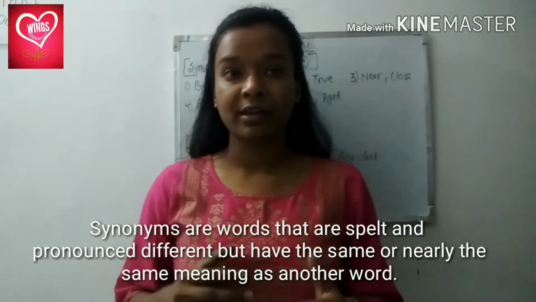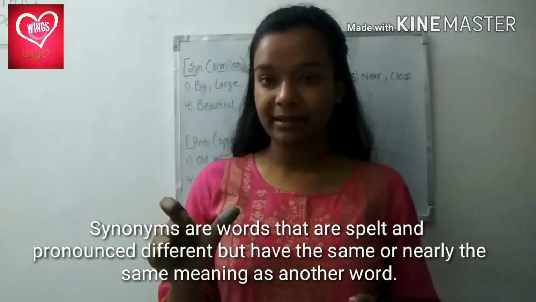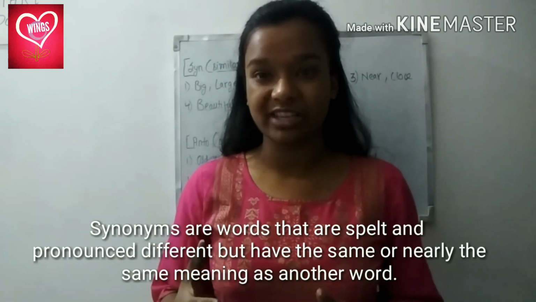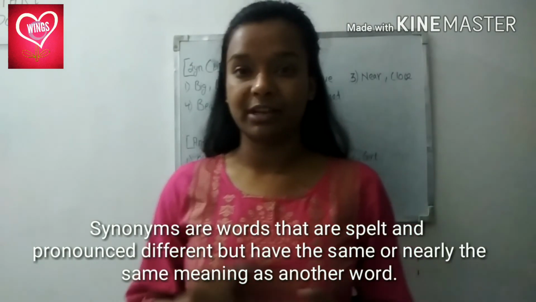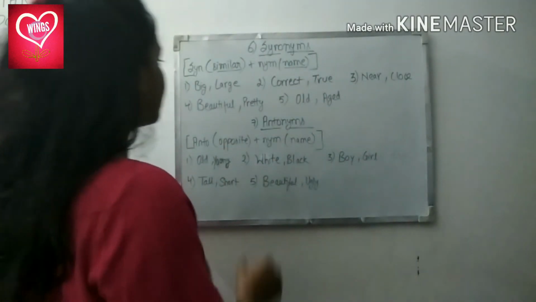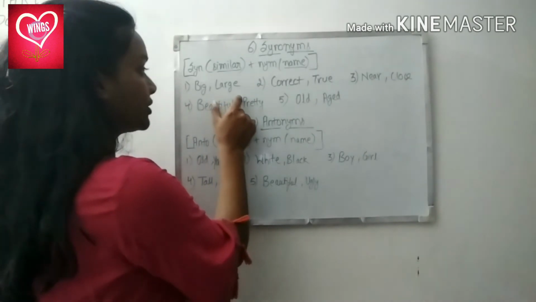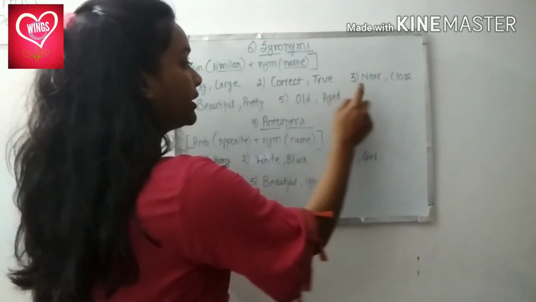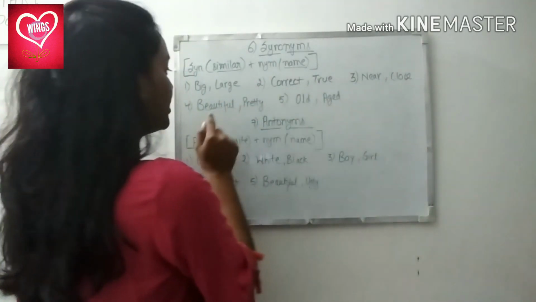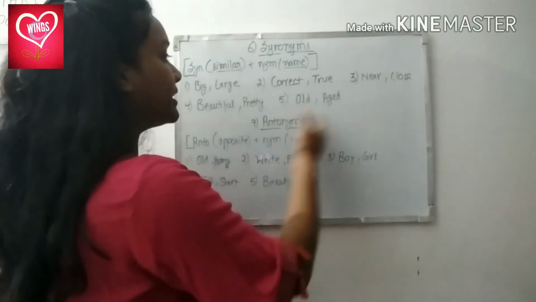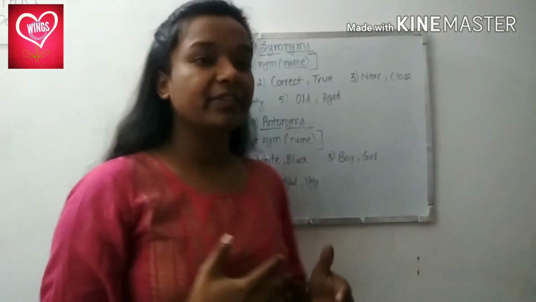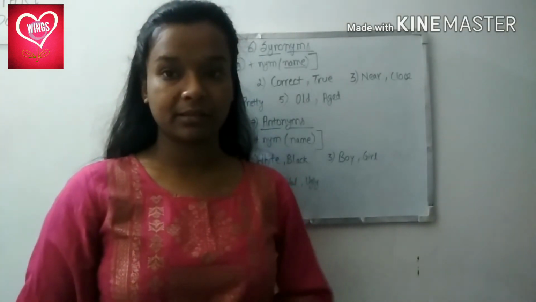Synonyms are words which have different spelling and different pronunciation, but nearly similar meaning. For example, big, large, correct, true, near, close, beautiful, pretty, old, aged. All these words have nearly similar meanings.